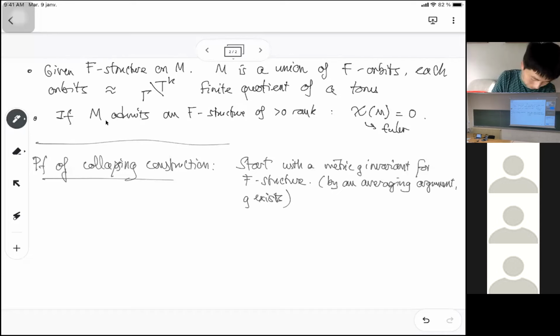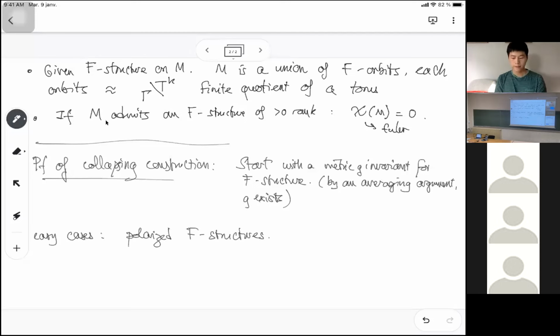That is our starting point. And remember, we encountered those easy cases where things are polarized, meaning the actions are free. A polarized F structure is a union of elementary F structures that are polarized.